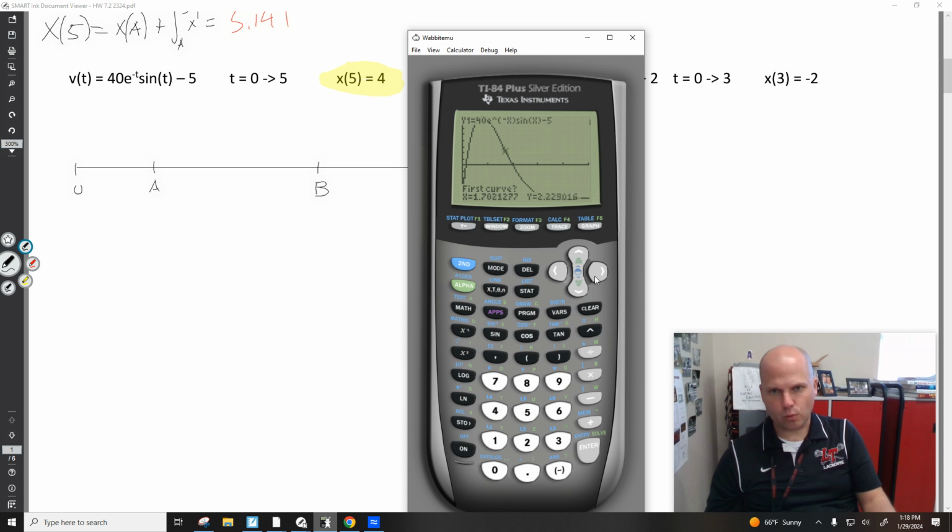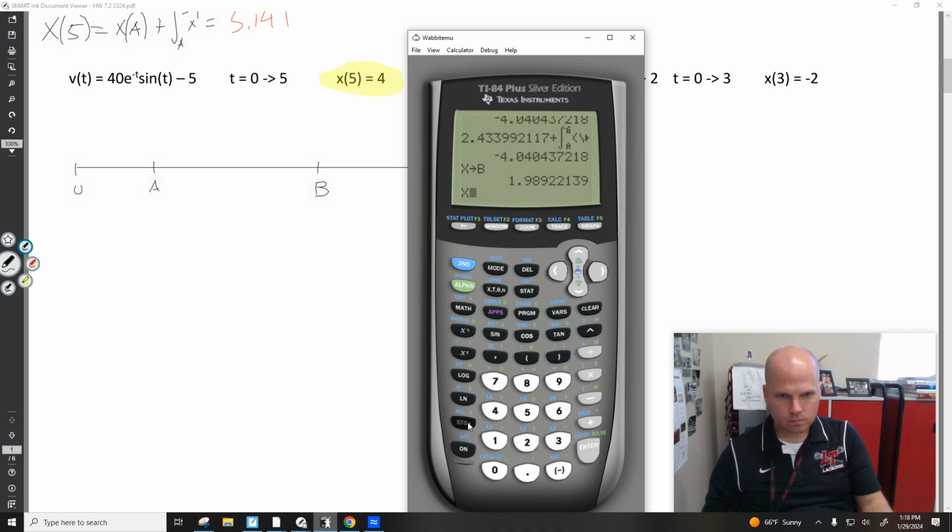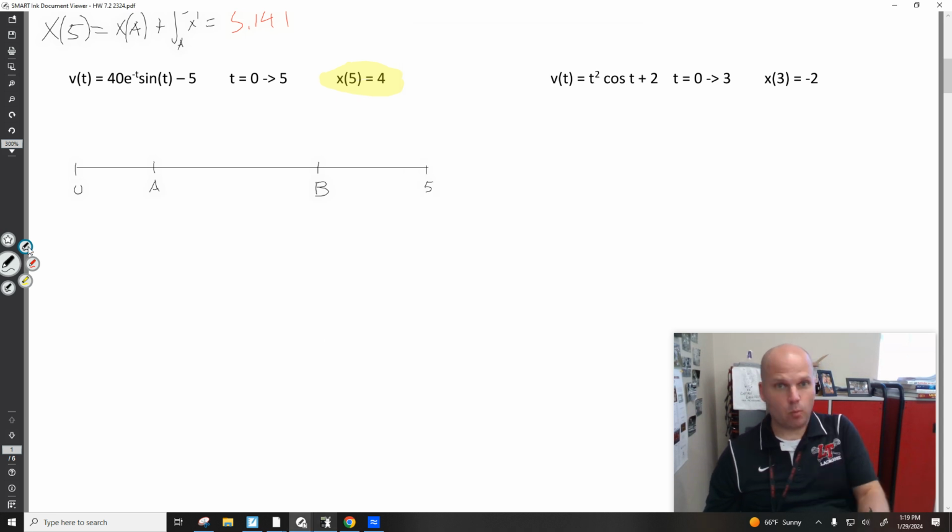Easy word of advice. You want to find the other one? Press up to go to y equals 0. Just go along y equals 0. Enter, enter, enter. Store that as A. Write down what A and B are somewhere.